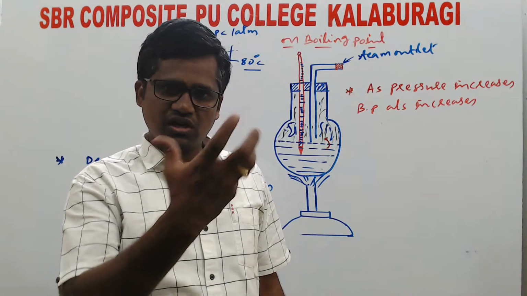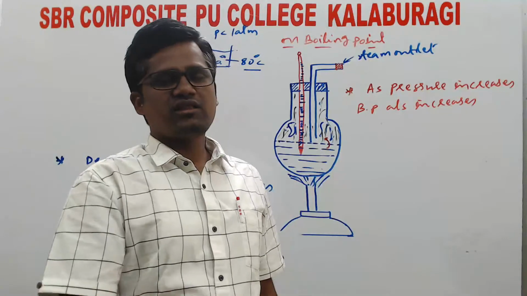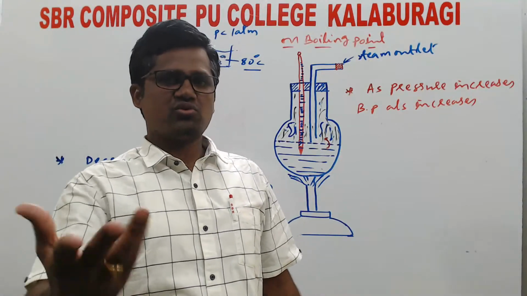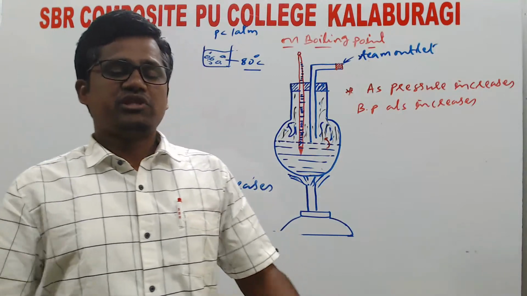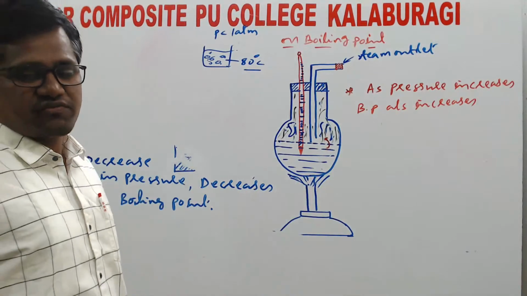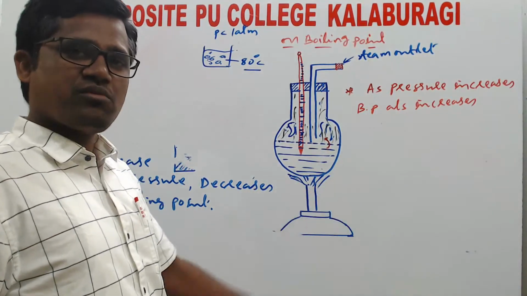So the water is at high temperature, and anything you put in will receive more energy in a given time. So it will cook very easily, within a short time. That's the reason. At the mountains it is difficult to cook because the lower the pressure, the lower the boiling point.